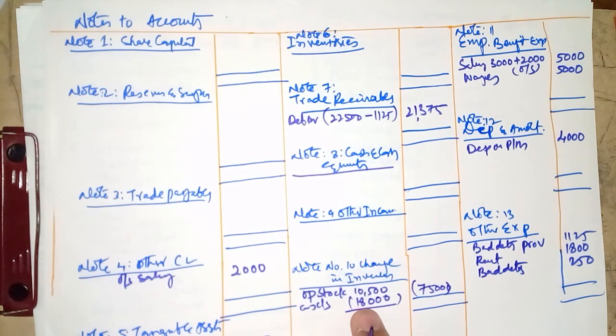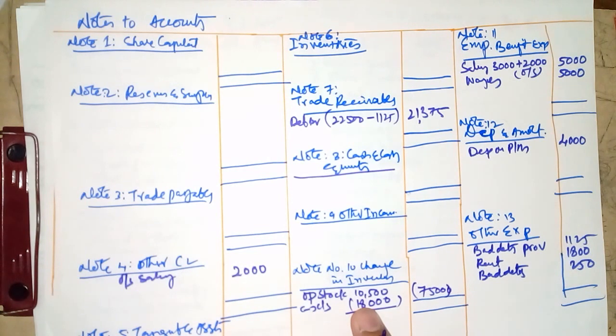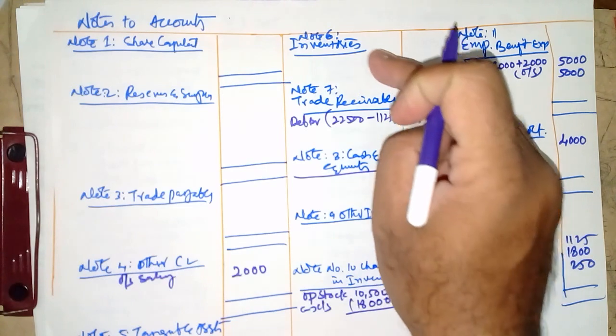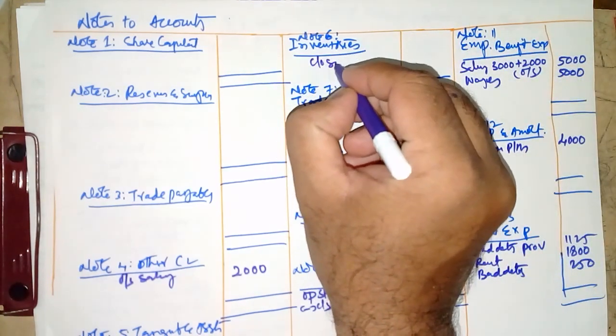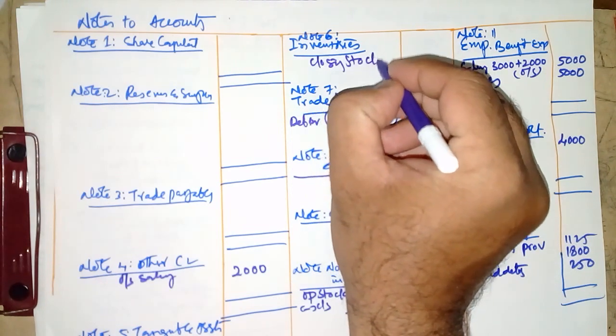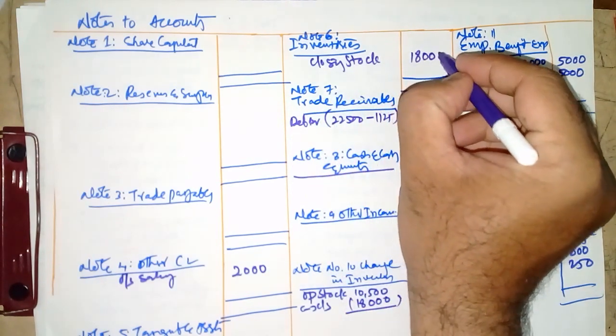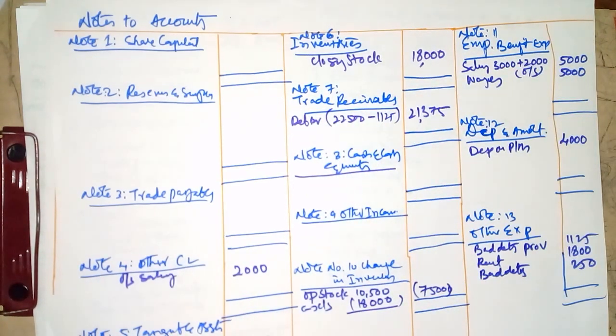So therefore this closing stock should be recorded in one more place. Which area? Under the asset side of the balance sheet. Under the asset side, tangible assets. Then we have recorded inventories. Under inventories, closing stock 18,000 should be written, right? So like this we are completing the double entry.